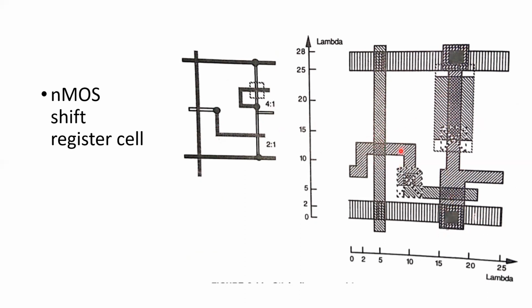From the pass transistor we are going to apply the input to the NMOS enhancement type transistor, so that it gets reflected as opposite to that of input on the output side. So this NMOS shift register cell is constructed with respect to the lambda scale on the x and y axis, and one has to follow the same design rules while constructing layout for any of the digital circuits.